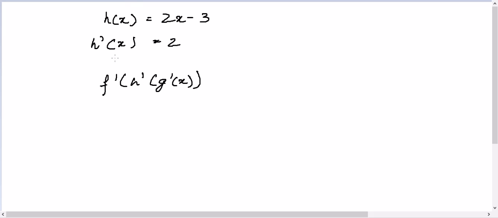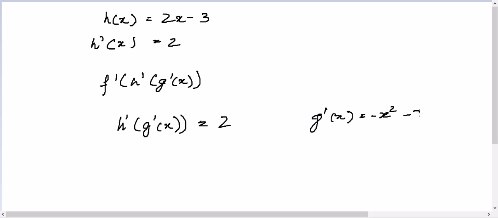Before finding f dash of h dash of g(x), let's first find h dash of g dash x. As you can see, h dash x is 2, and the value of g dash x is minus x square minus 2x plus 1, divided by x square plus 1.